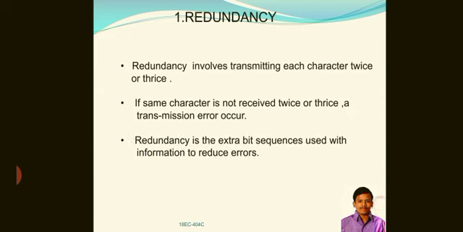Therefore, redundancy means the extra bits used with the information to detect errors. In this method we are adding some extra bits to the original information to find out the error.